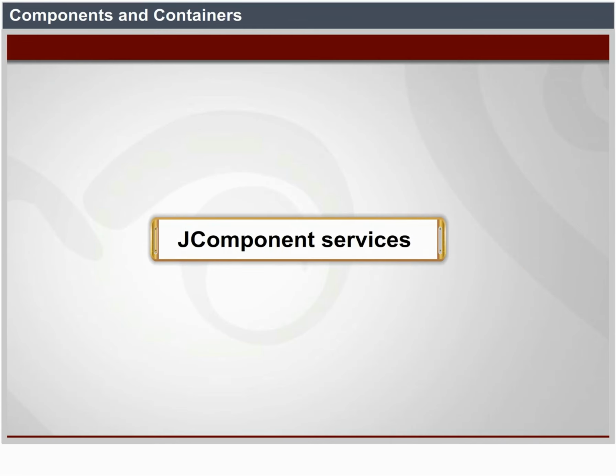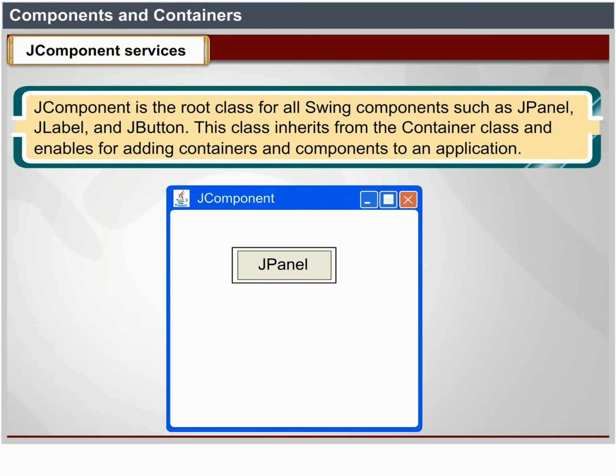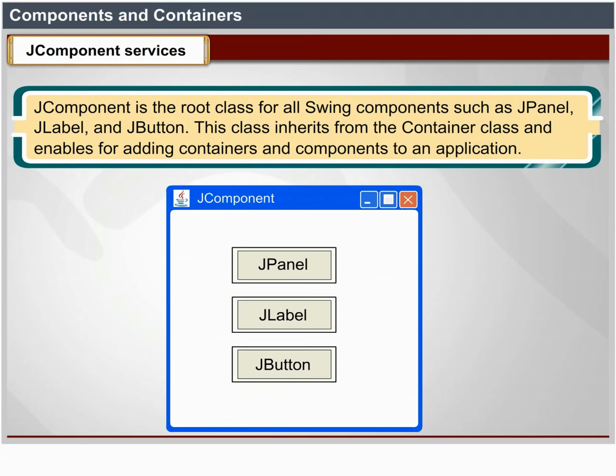JComponent services. The JComponent is the root class for all Swing components such as JPanel, JLabel, and JButton. This class inherits from the Container class and enables adding containers and components to an application.